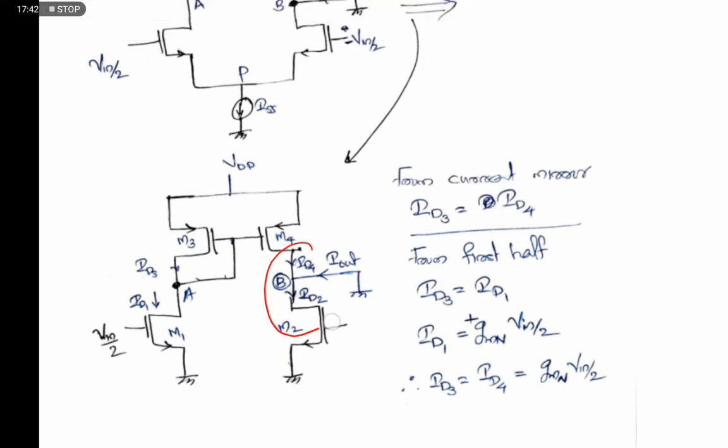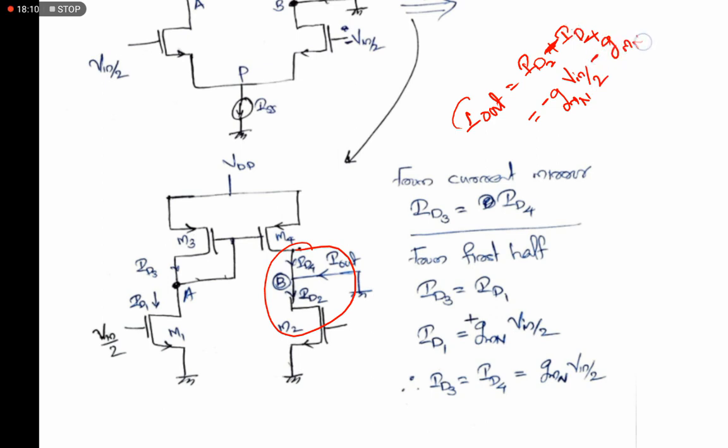From this we can simply write Iout equal to ID2 plus ID4, or ID2 minus ID4. The ID4 direction is opposite, so minus ID4, and ID2 is minus GmN into Vin by 2. ID4 is nothing but ID1 itself, so it is again minus GmN into Vin by 2.